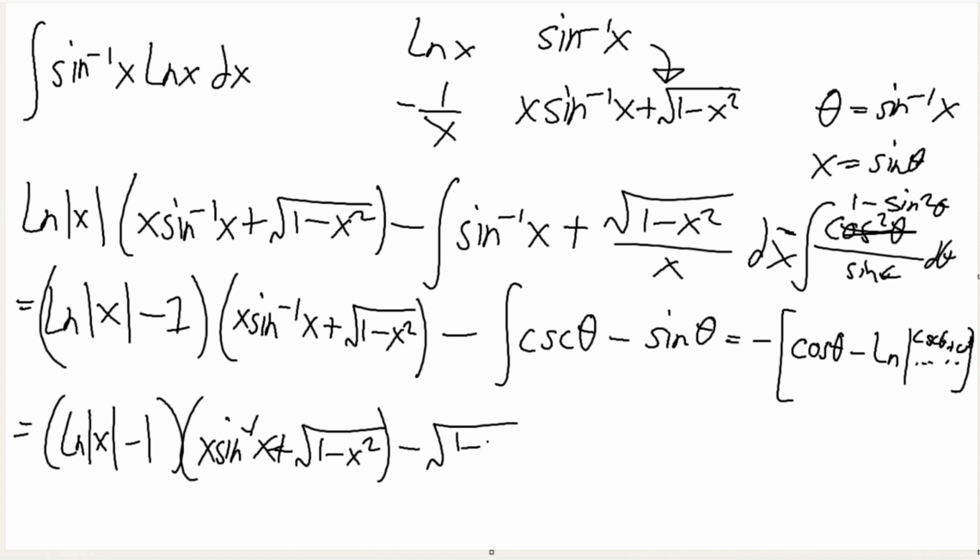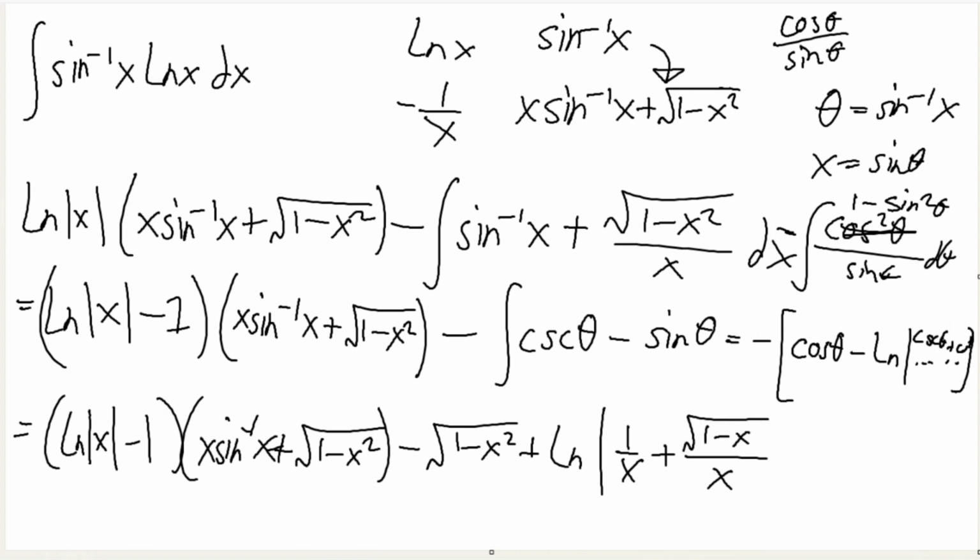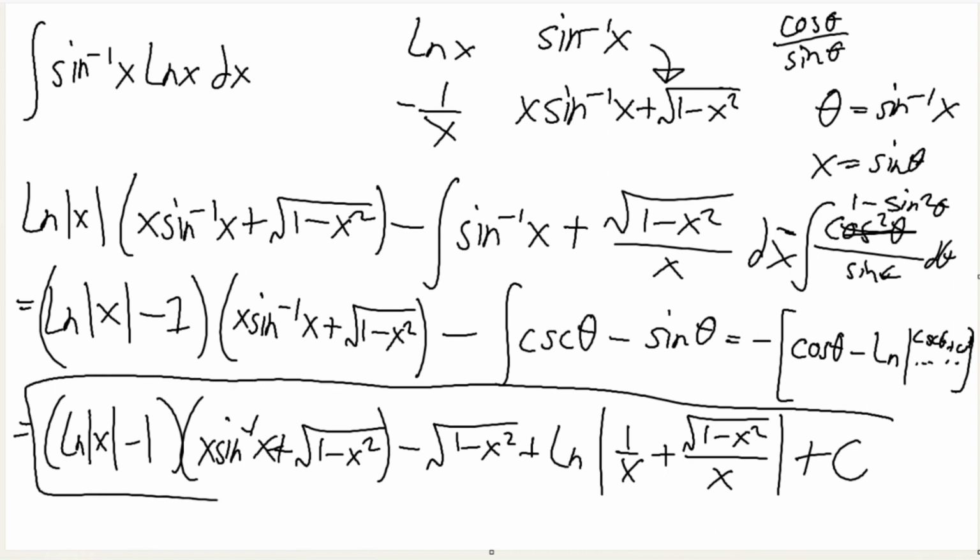This is square root of 1 minus x squared, plus the ln of cosecant theta. Cosecant theta is 1 over x, plus cotangent theta. Cotangent theta is cosine theta over sine theta. So that's x, and cosine of inverse sine of x is square root of 1 minus x squared. And that is our answer.